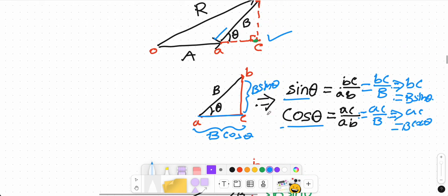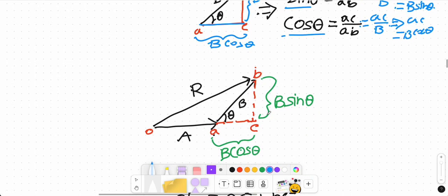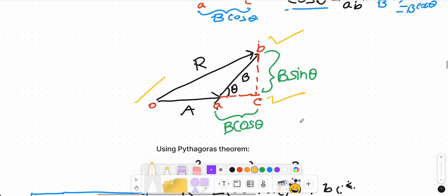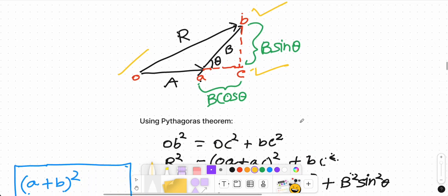Now look at the triangle again, where AC is B cos theta and BC is B sin theta. Now I want to use Pythagoras theorem on the bigger triangle OBC. So when I use Pythagoras theorem on the bigger triangle OBC, I will write OB square is equal to OC square plus BC square.